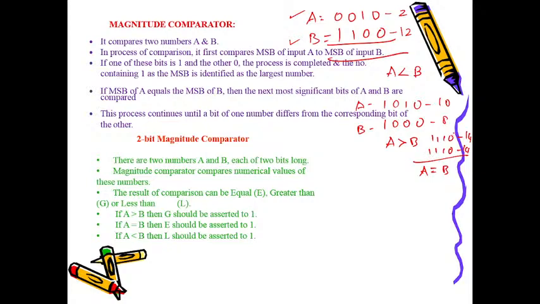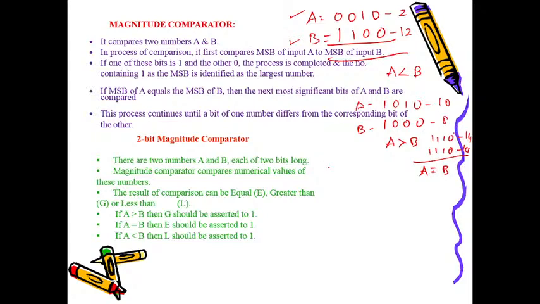So if it's a decimal value, it is easier for human beings to understand. Whereas how would this analysis be done by a circuit, which doesn't know to perform on its own, but will perform when we instruct certain things? So what a circuit would do is compare.